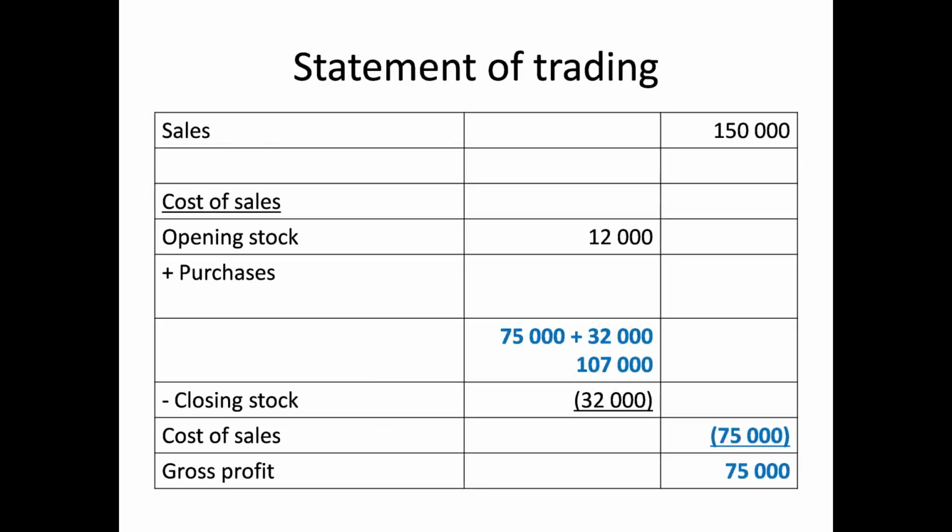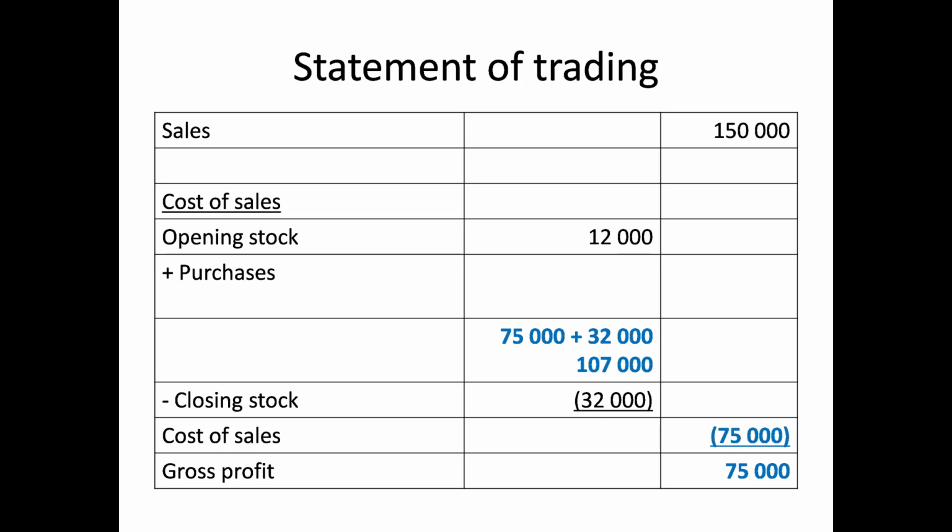The next step is to enter these gross profit and cost of sales figures to the statement of trading. Now look at this statement of trading. I have entered cost of sales and the gross profit value: cost of sales 75,000, gross profit 75,000. Now you can calculate the total of opening stock and purchases.